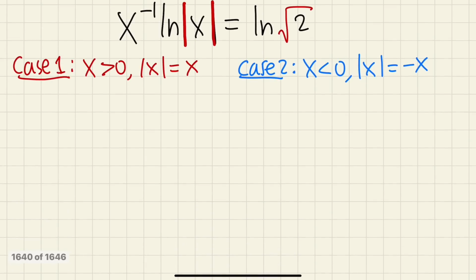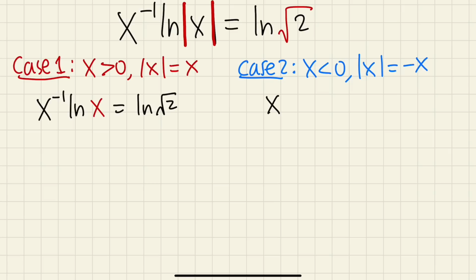So for the first equation, right here will be x to the negative 1 times ln of just x. And that's equal to ln of square root of 2. On the right hand side for the second case, that's x to the negative 1 times ln, and the input is negative x, and then ln square root of 2.